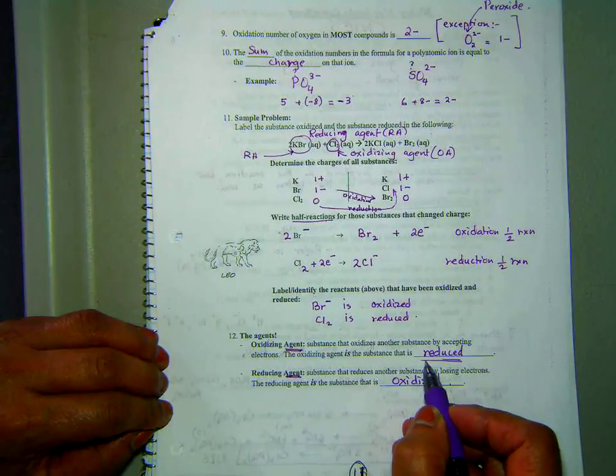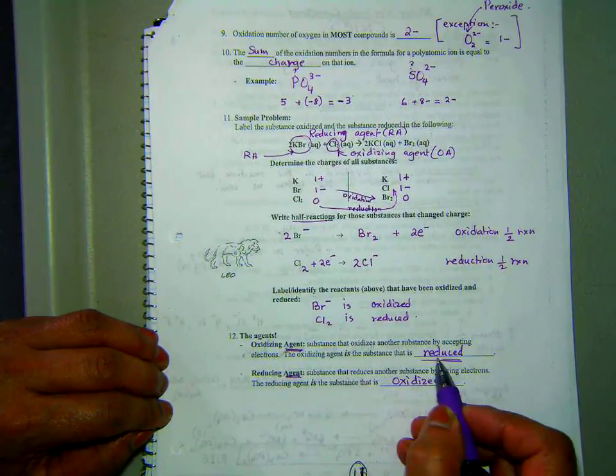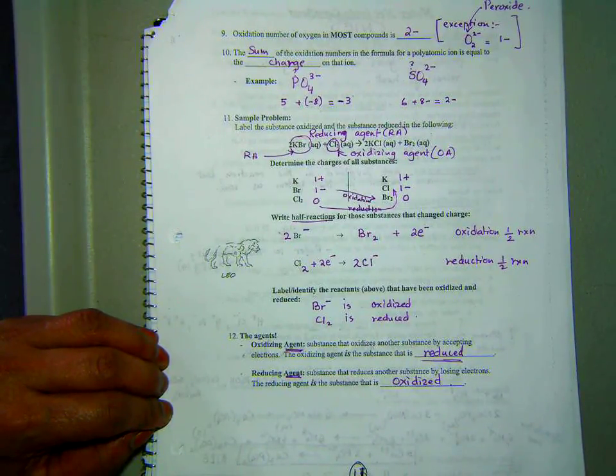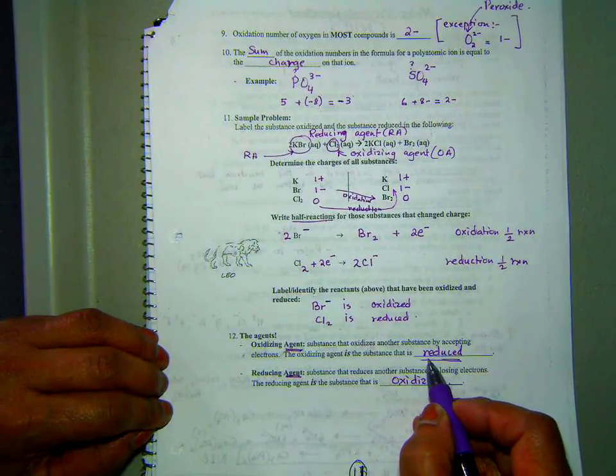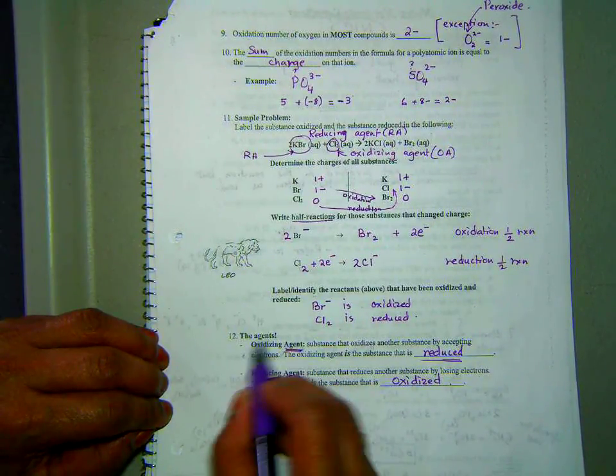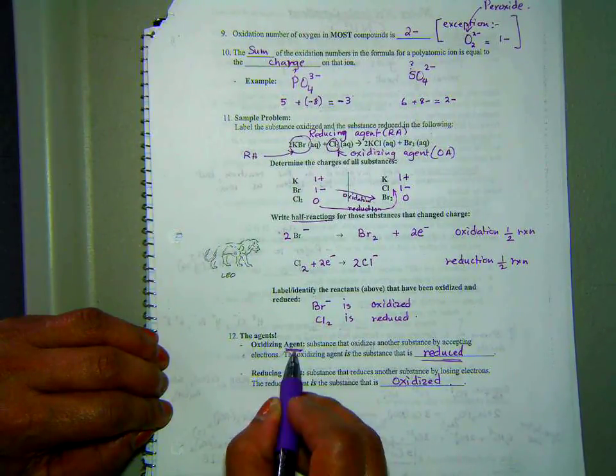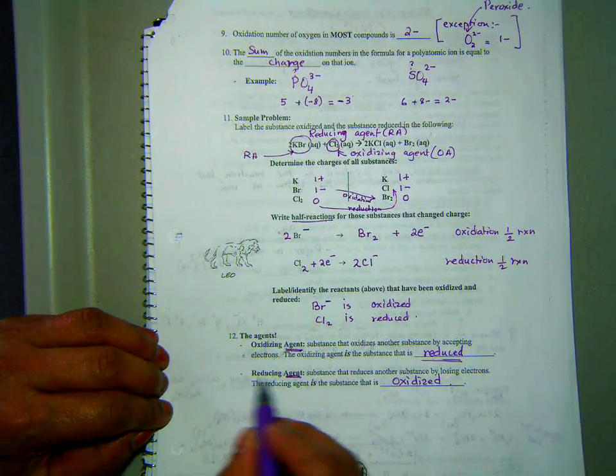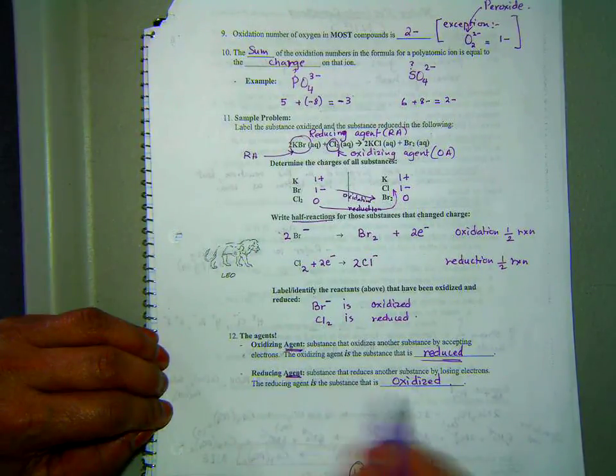The agent helps the singer to get gigs, right? So that is how it is. Oxidizing agent is the one which is getting reduced, and reducing agent is the one which is getting oxidized. Okay. So hope this will help.